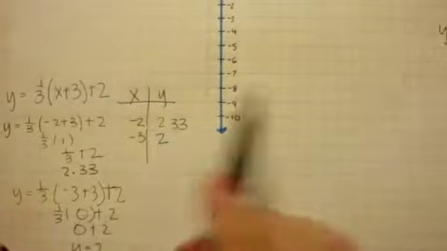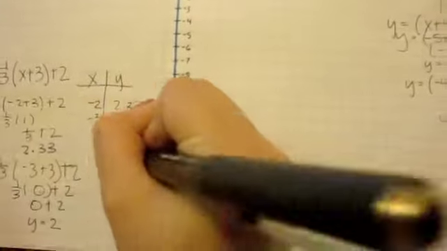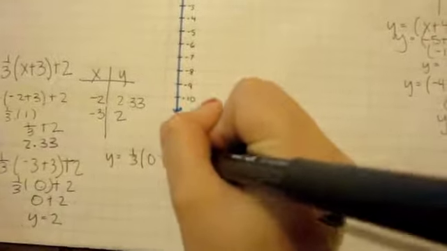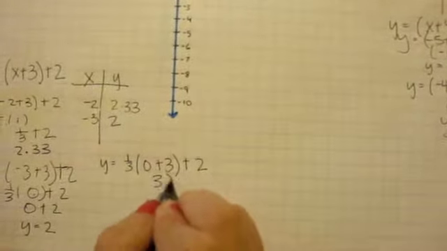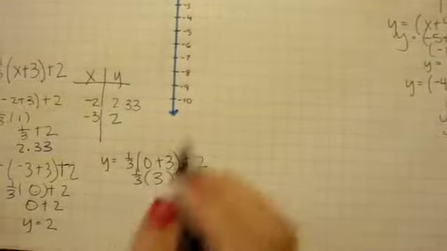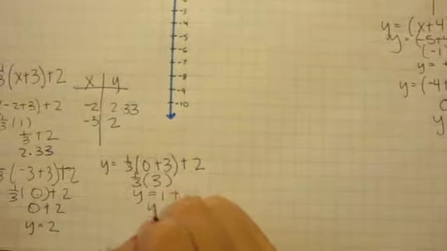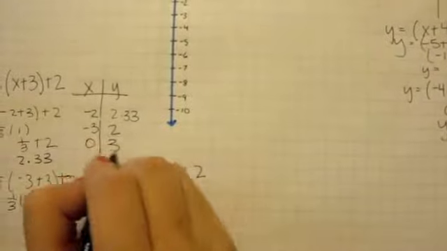So then I'm going to use another value because the negative 2 is not a whole number. So I'm going to use 0. y equals 1/3 times (0 plus 3) plus 2. And then 0 plus 3 is 3, times 1/3 is 1, plus 2 equals 3. So y equals 3 when x is 0.